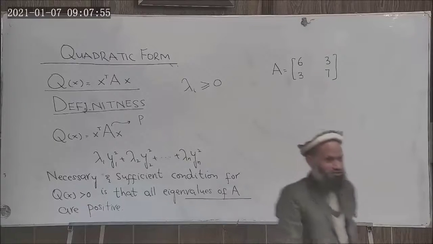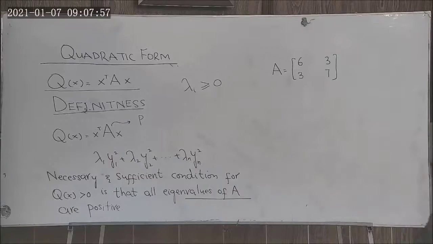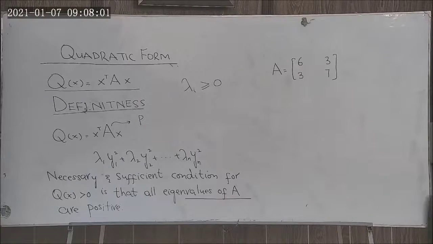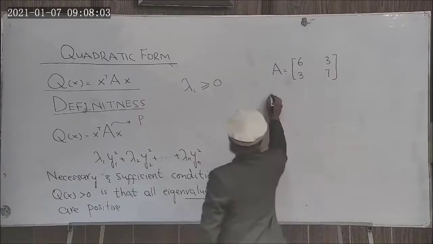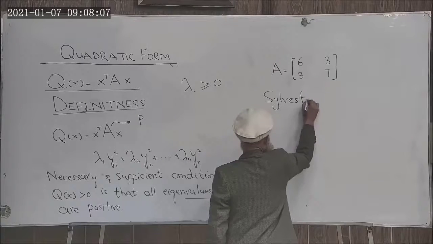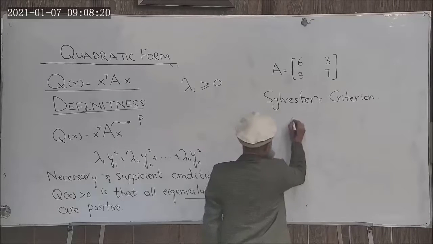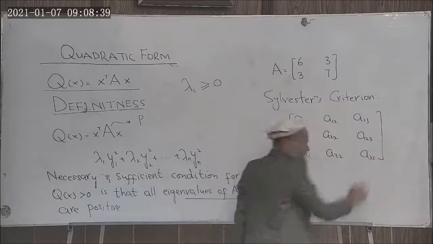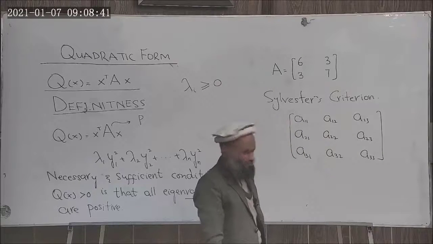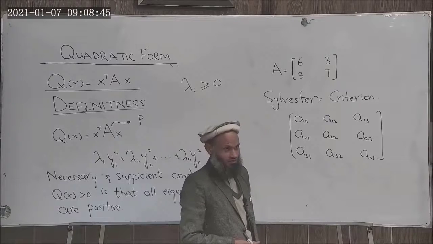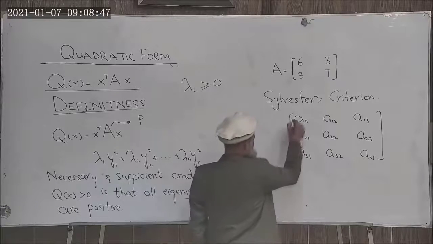So there is another criterion to determine the definiteness of matrices. That criterion is called the Sylvester criterion. It is very simple. Again, please check the spelling of Sylvester. This states that a matrix will be positive definite if all principal determinants are positive. What are principal determinants?